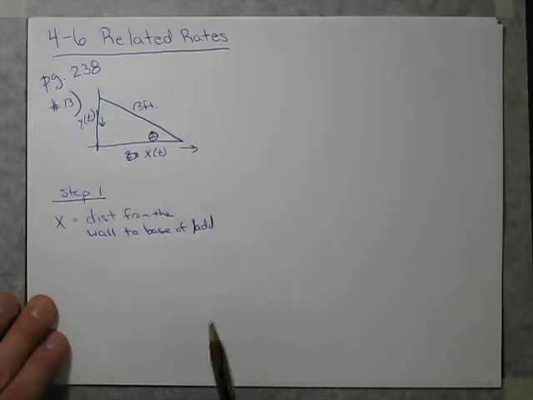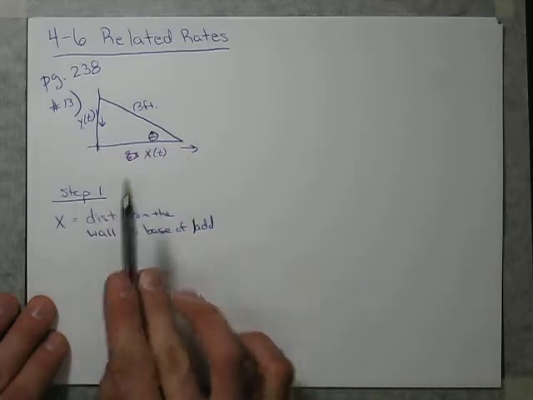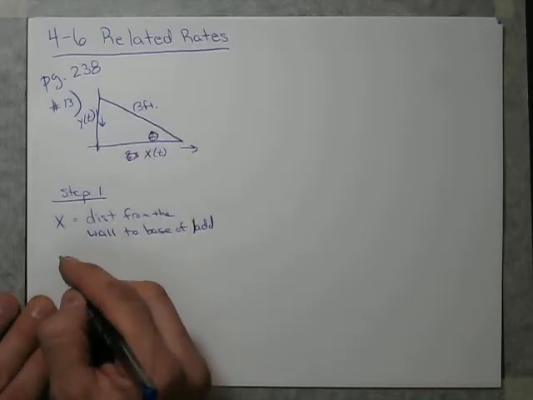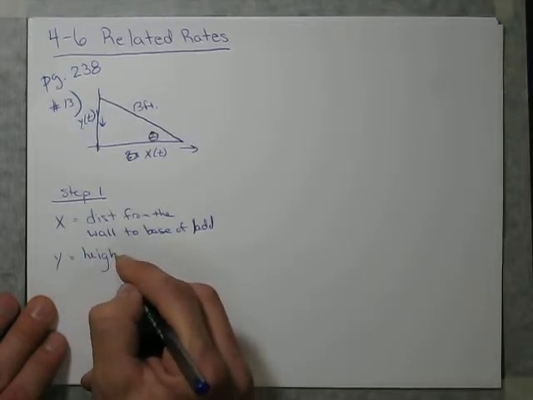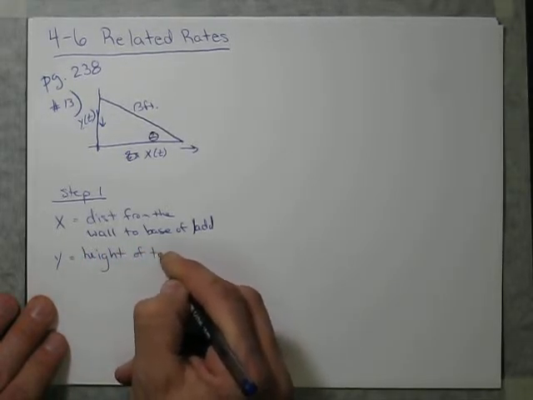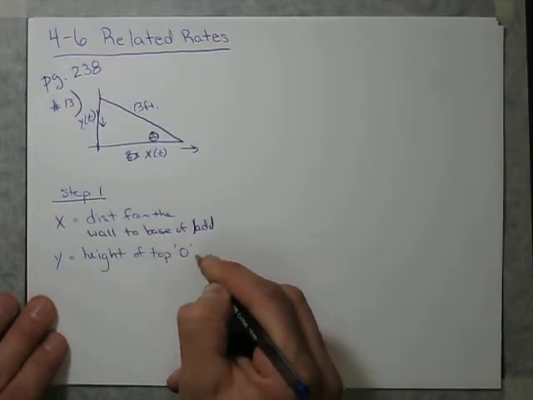Okay, I'll give you a second to write that. That's what x represents. It's the distance from the wall to the base of the ladder. y is going to represent the height of the top of the ladder.